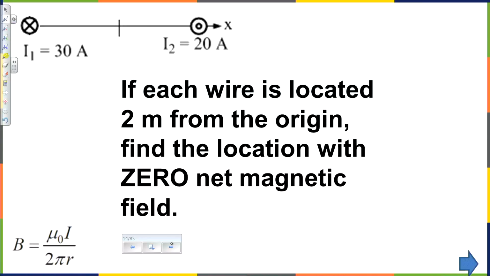Right now, in this example, we have two wires with electric current traveling either into the screen or out of the screen. And the question is, where, if any, net magnetic field due to these wires should be equal to 0, if it's possible.